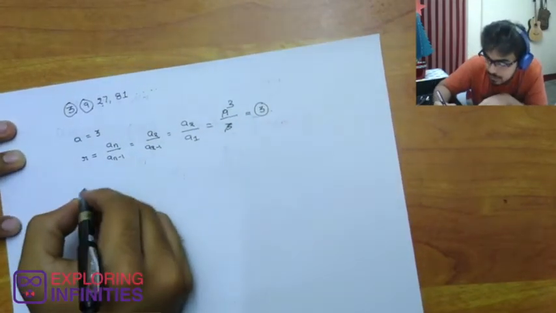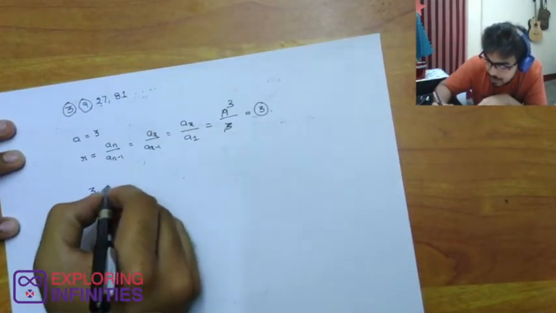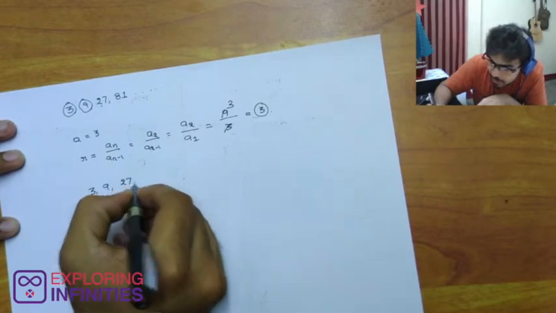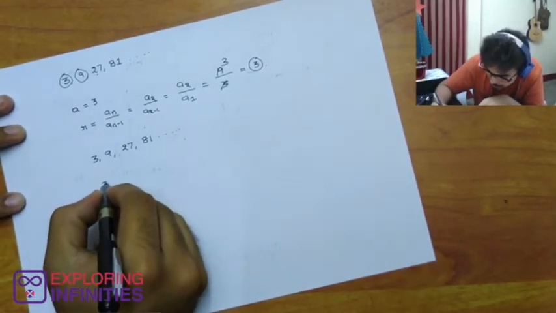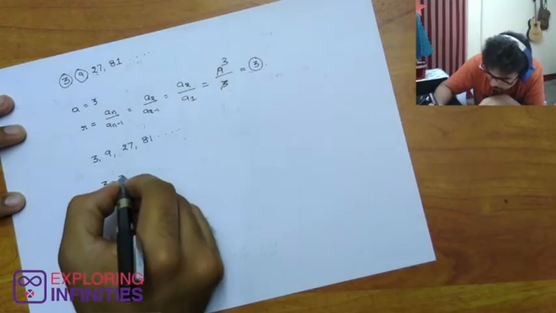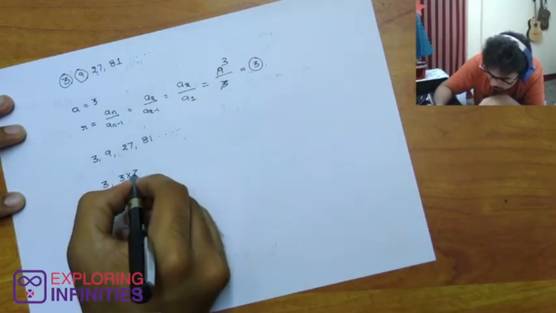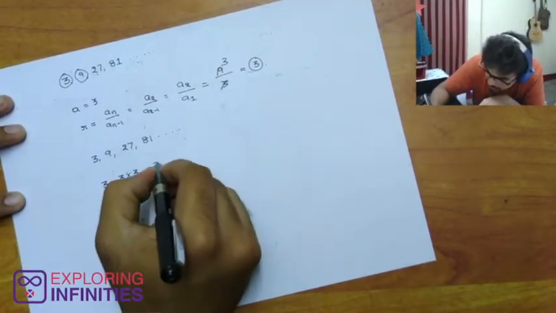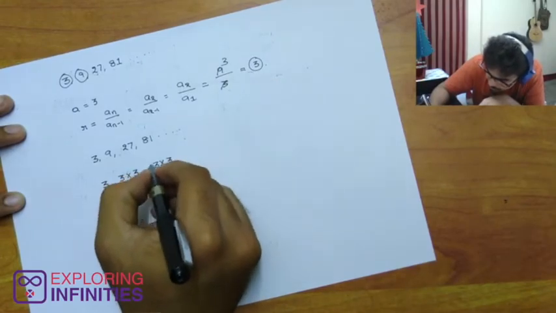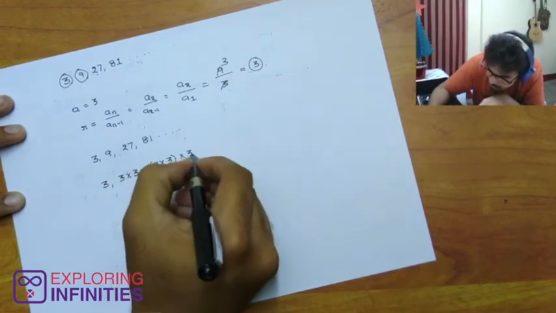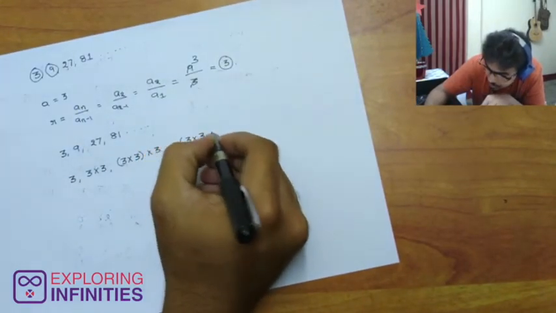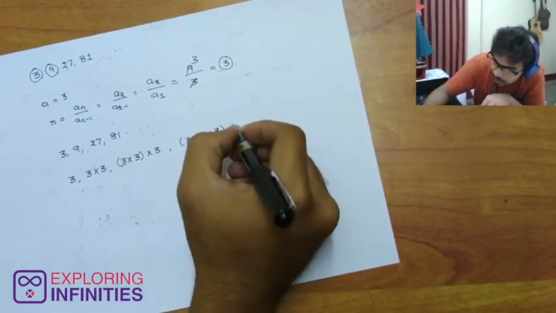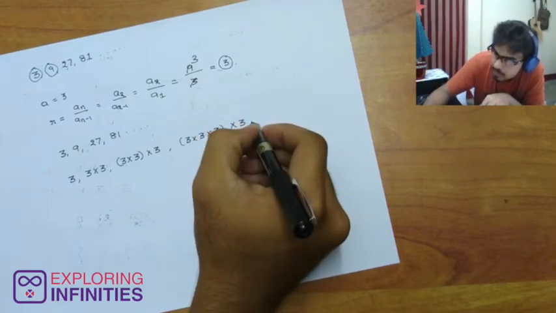And 3, 9, 27, 81, and so on can be written like this. Please notice 3 is the first term, 3 into 3 is the second term, 3 into 3 into 3 is the third term, 3 into 3 into 3 into 3 is the fourth term, and so on.